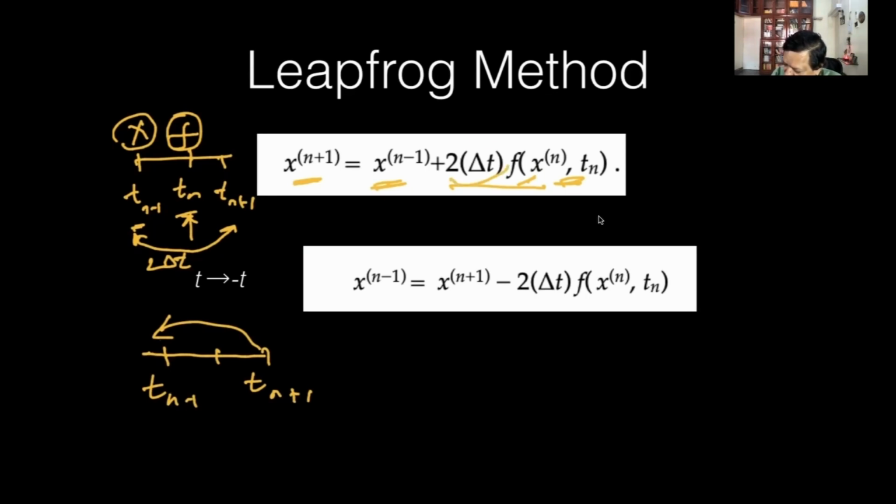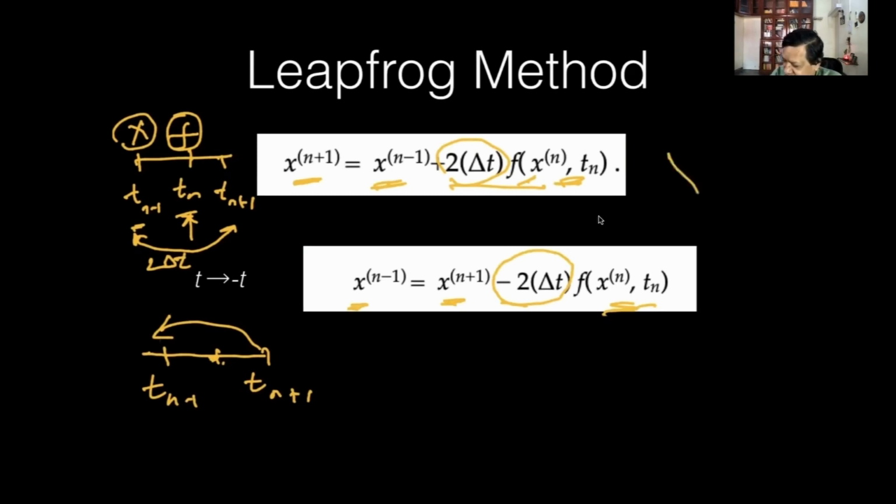So instead of 2 delta t, you replace it by minus 2 delta t. And I'm computing the value of the function at the midpoint. The midpoint is the same, which is x_n and t_n. So when I go back, I go from x_{n+1} to x_{n-1} by computing f at the midpoint. I hope this is clear.